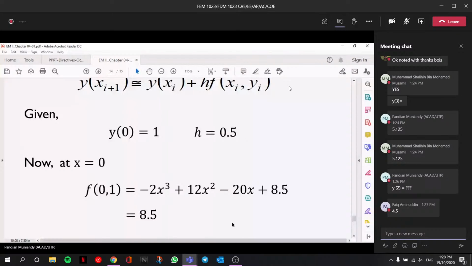Plus 1.5 multiply by 1.5, 2.25, multiply by 12, you get 27. Minus 20 multiply by 1.5, you get 30. Plus 8.5.